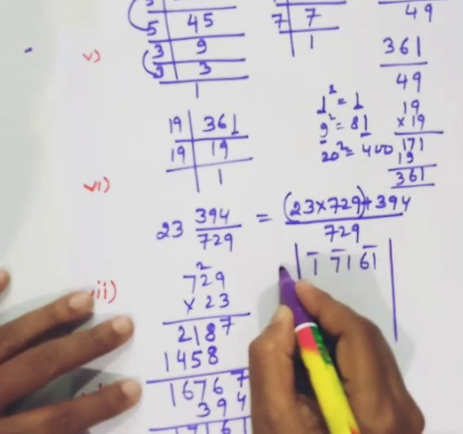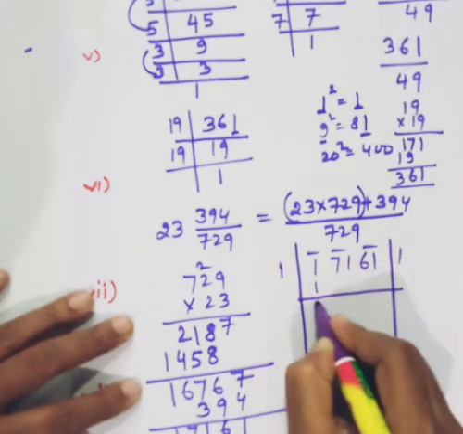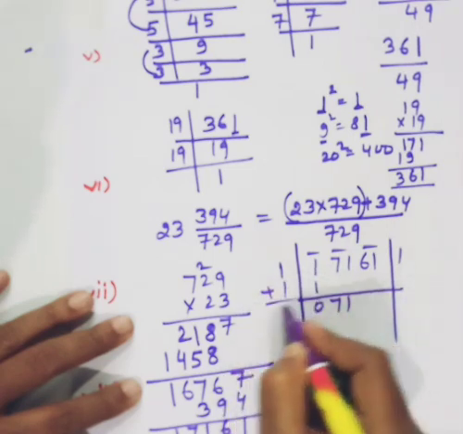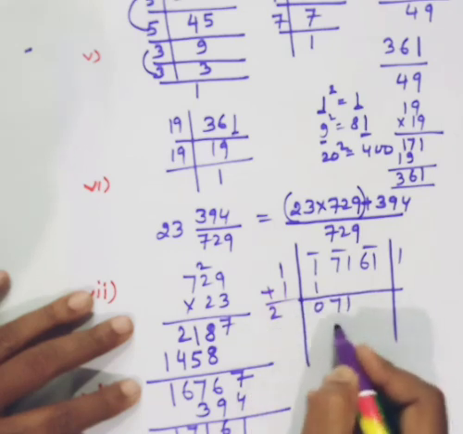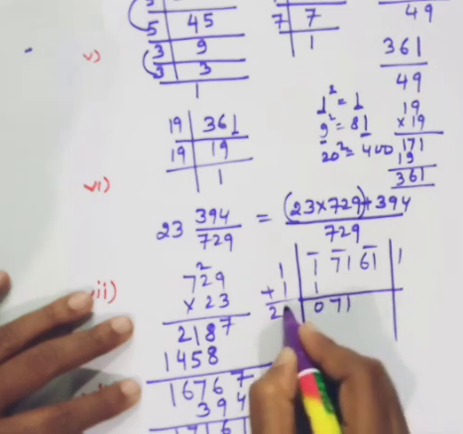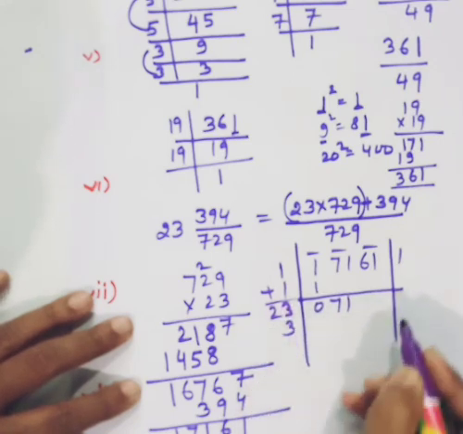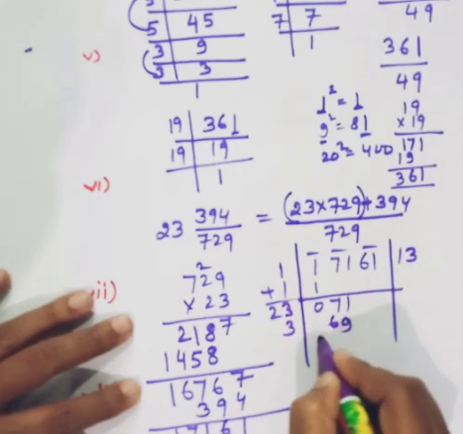So it will become 1 ones are 1. So 0. Bring down 71 plus 1 here, 2. Now 2 twos are, if you put here 2, 22 twos are 44. If you put here 3, 23 threes are 69. So 24 fours will not go, so 23 threes are 69. So 3 threes are 9 and 3 twos are 6.